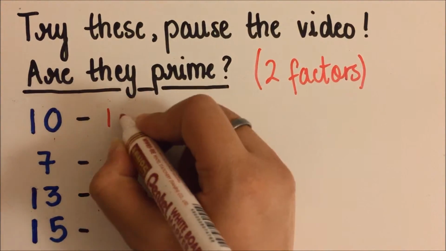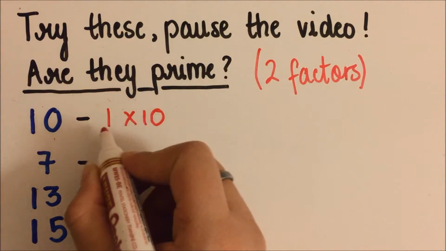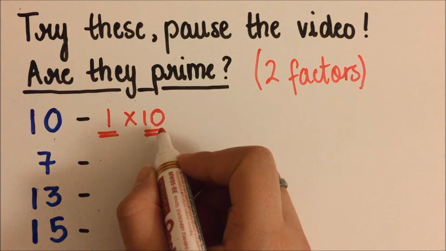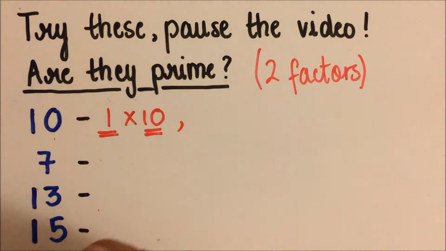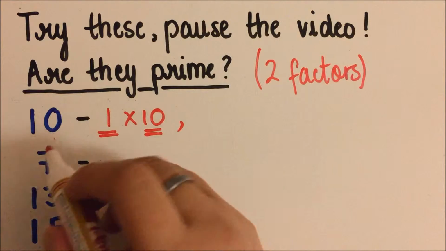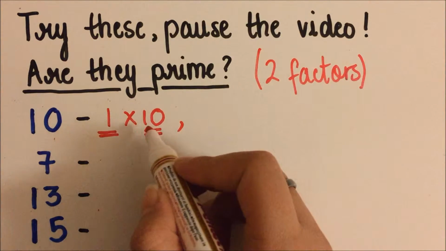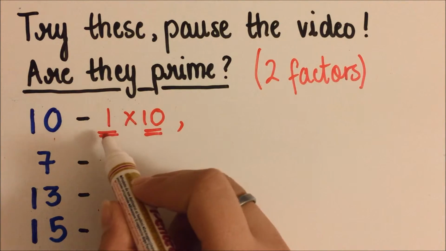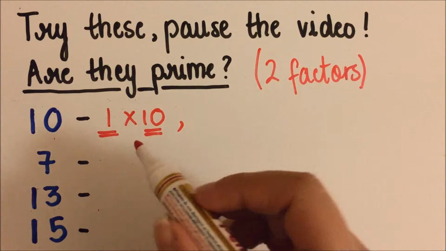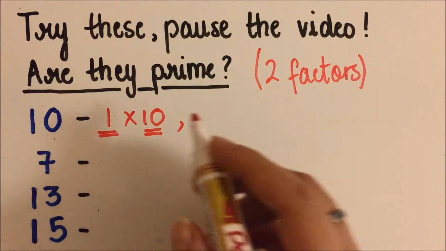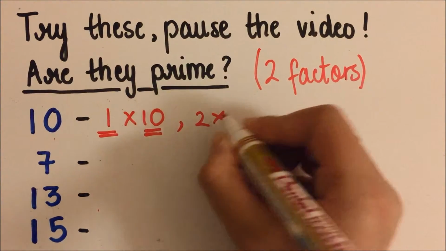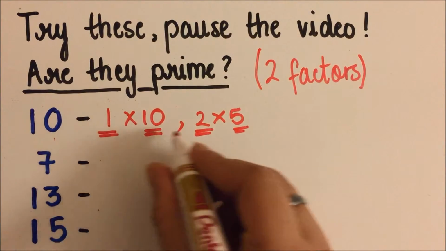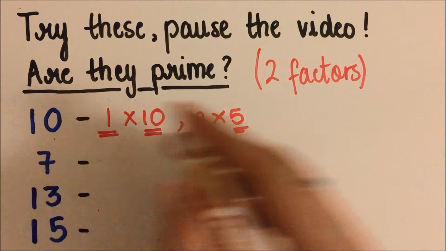We know 1 times 10 will give us 10, so every number automatically has 2 factors, okay? It's just a matter of fact. If it has more factors than 1 and itself, then it's not prime, but if it only has 1 and itself, then it is prime. But in this case, 2 times 5 also gives us 10. So that means we've actually got 4 factors. Therefore, 10 can't be a prime.